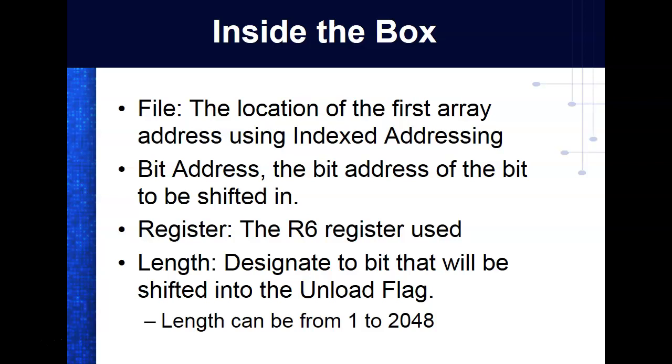The control register is where we're going to keep the status, right? The length would be what? How many bits you want to shift, and the maximum length can be what? 1 to 2048. That's a lot of bits, guys.